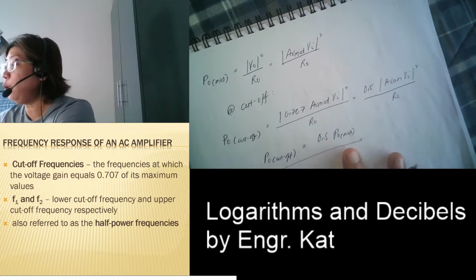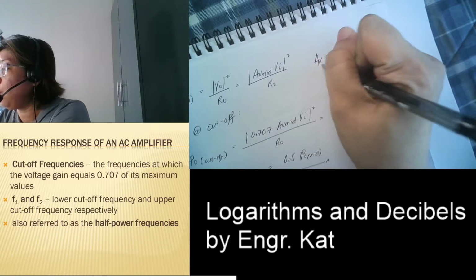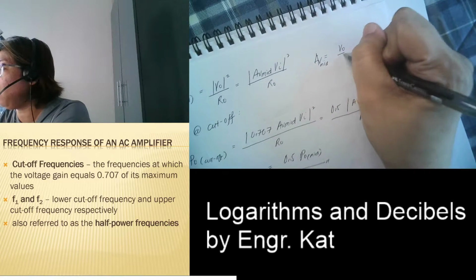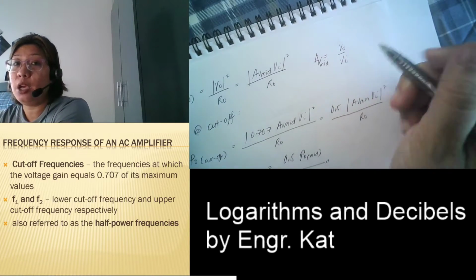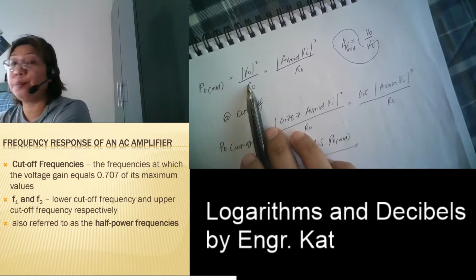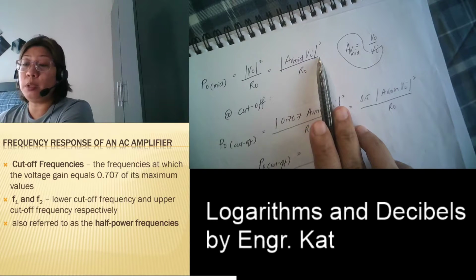If you remember our loaded voltage gain, your loaded voltage gain at mid-band is equivalent to VO all over VI. So multiplying VI by AV mid, that is your VO. So we have here AV mid multiplied by VI.